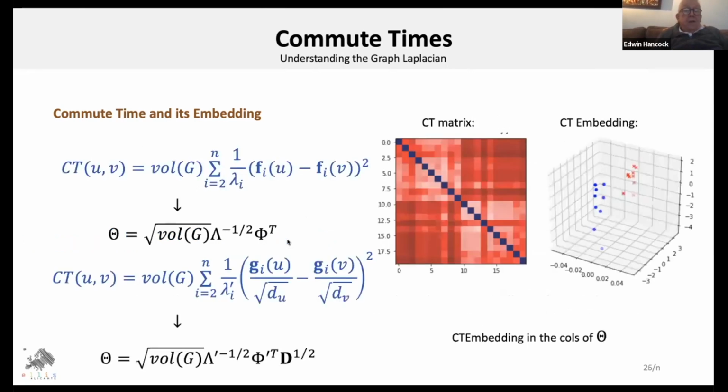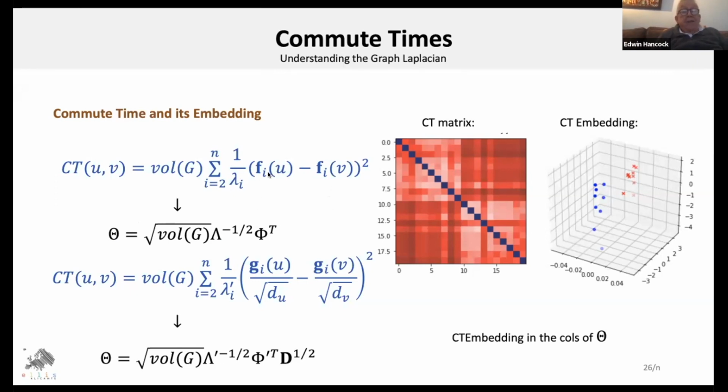Okay, so that leads us to the idea that we can use the eigenfunctions of a Laplacian matrix to embed the nodes of a graph into a space where the Euclidean distance between a pair of nodes is just the same as the commute time between a pair of nodes.